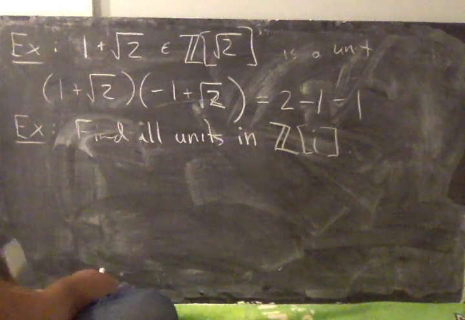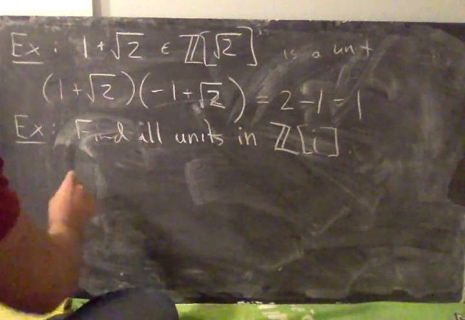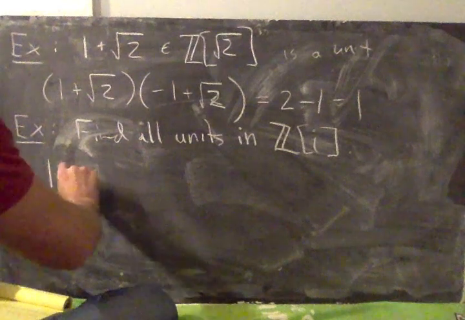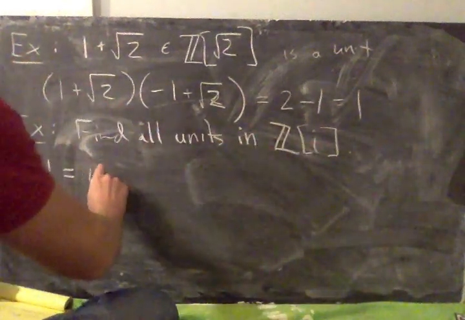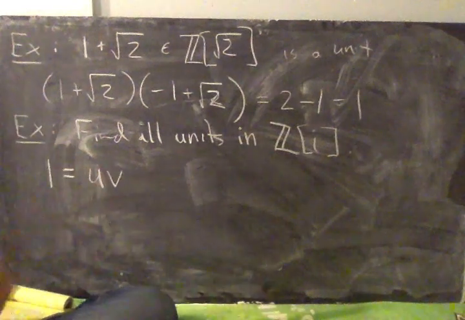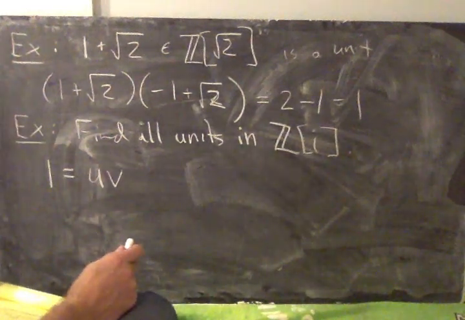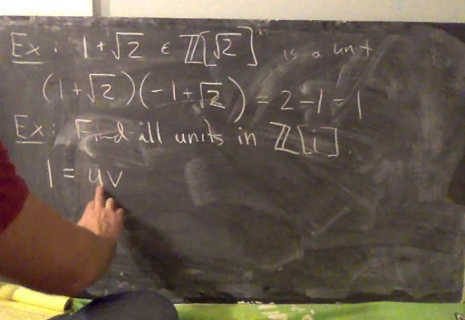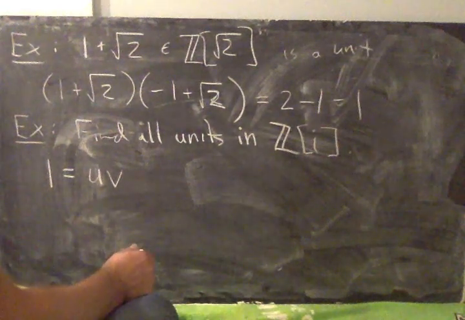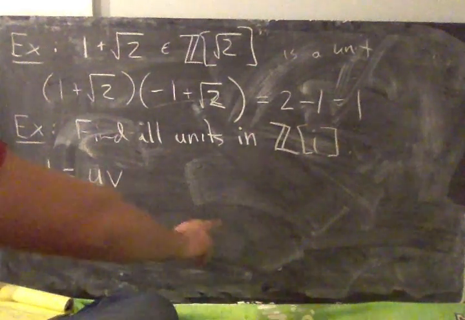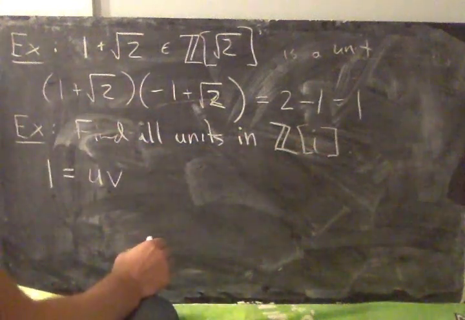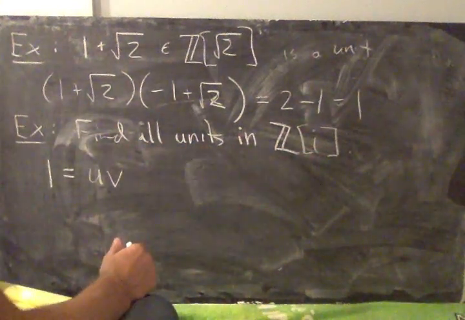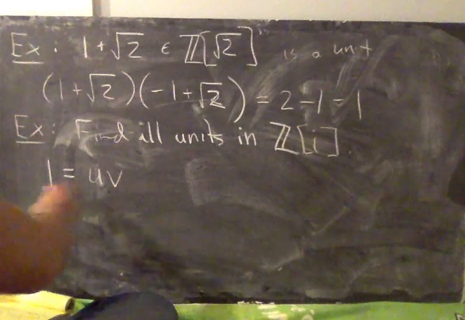How do we do that? A unit in here would be some u such that there's a v where uv equals 1. This involves complex numbers, so the typical way to study this is to produce an equation using just integers from this equation.